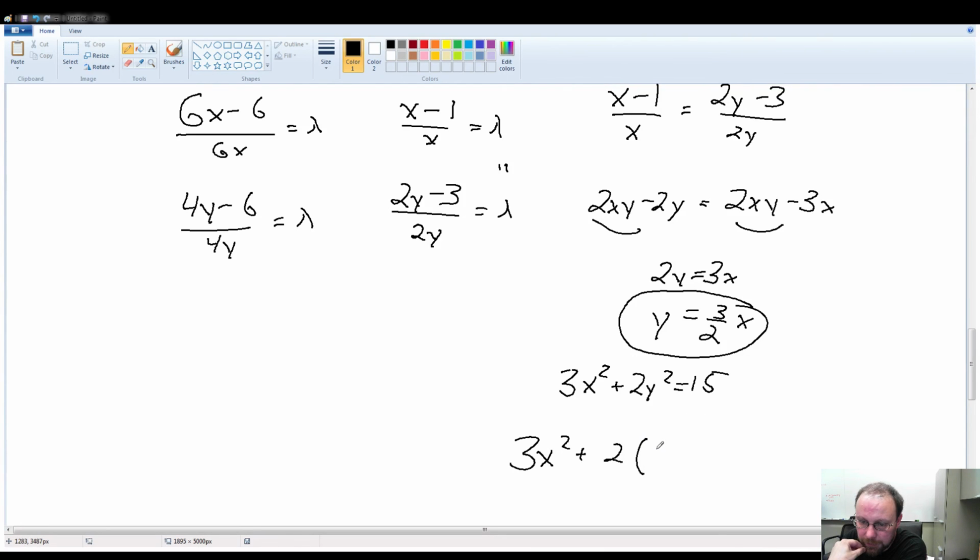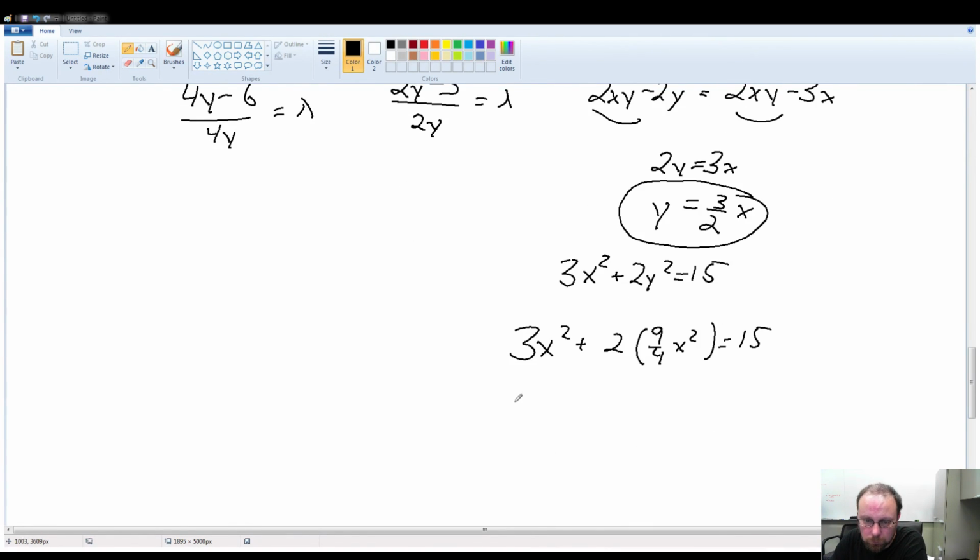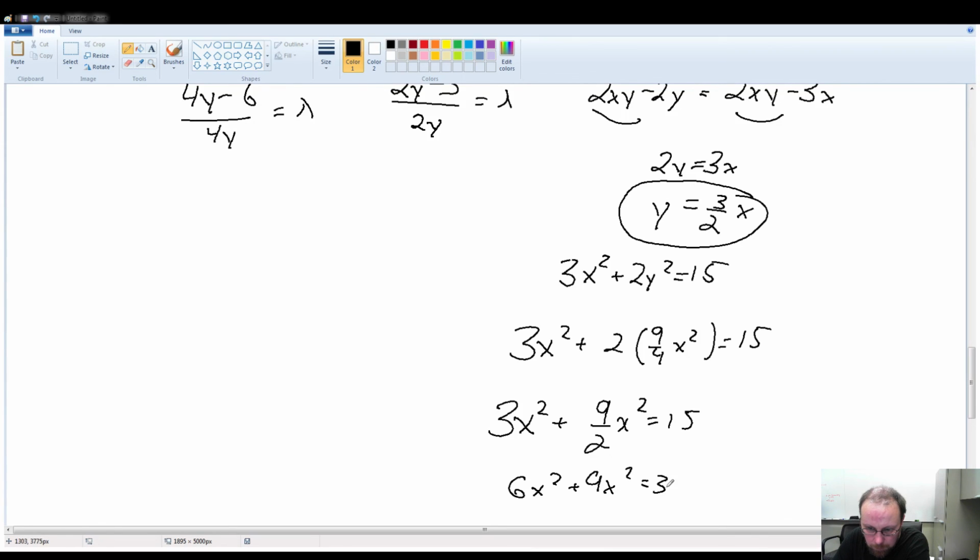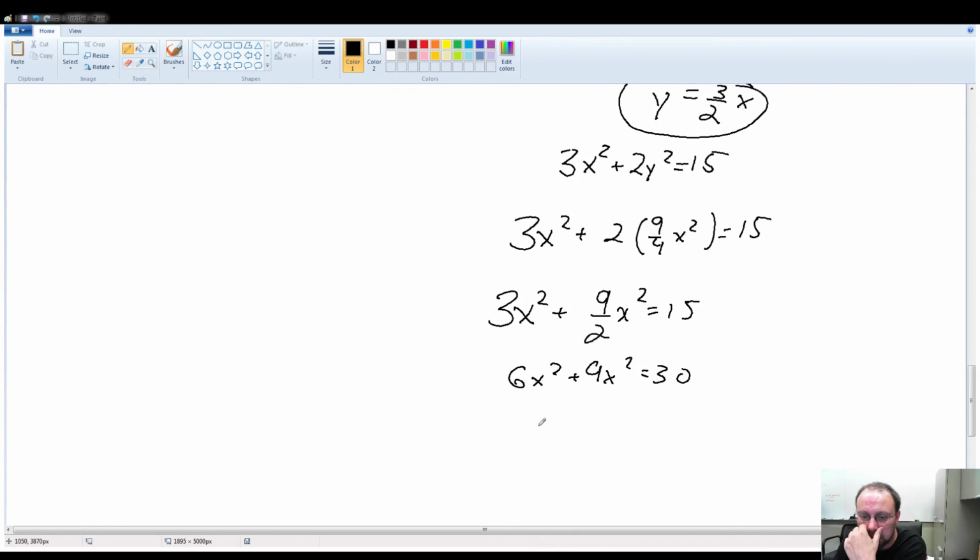Where y is 3/2 of x, so 9/4 of x squared. Oh, behold, x squared is 2.